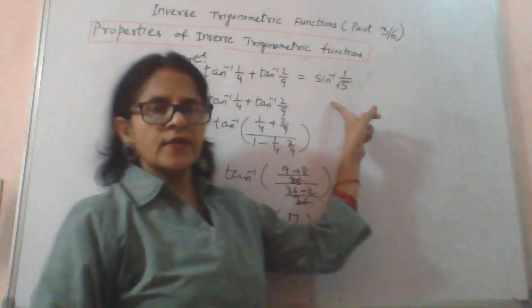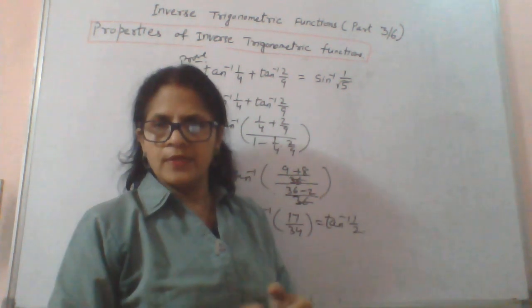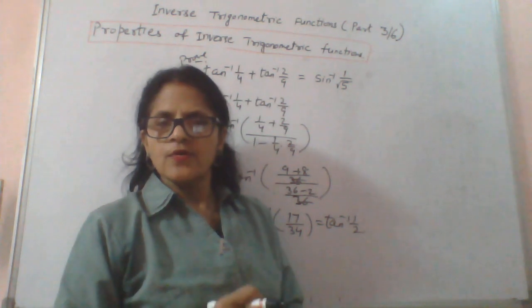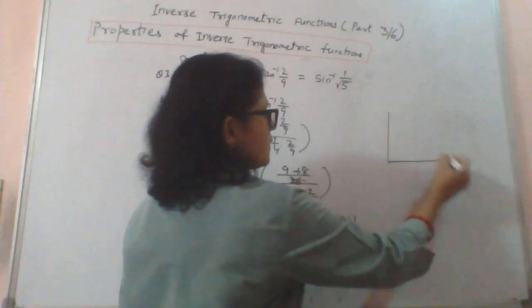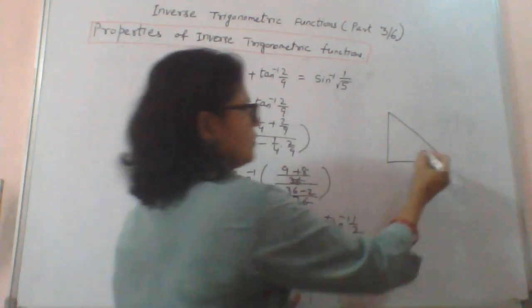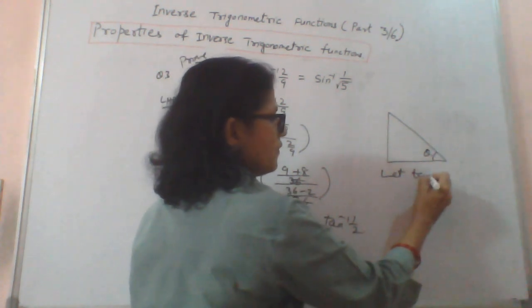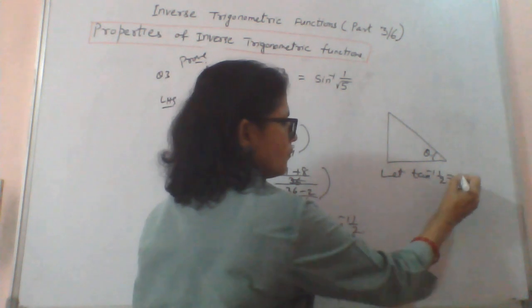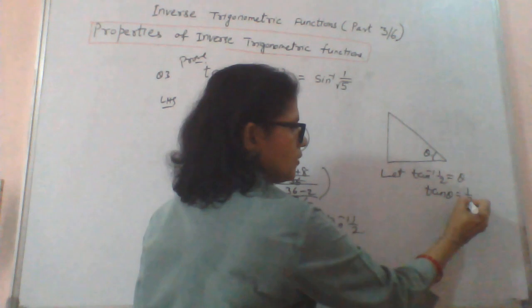Right? But we need the answer in sin inverse. So see how to change one trigonometric ratio to another. The simplest method, we can use an identity, but the simplest method is the triangle method. So if I take this angle as theta, let tan inverse 1 by 2 equal theta. So tan theta equals 1 by 2.